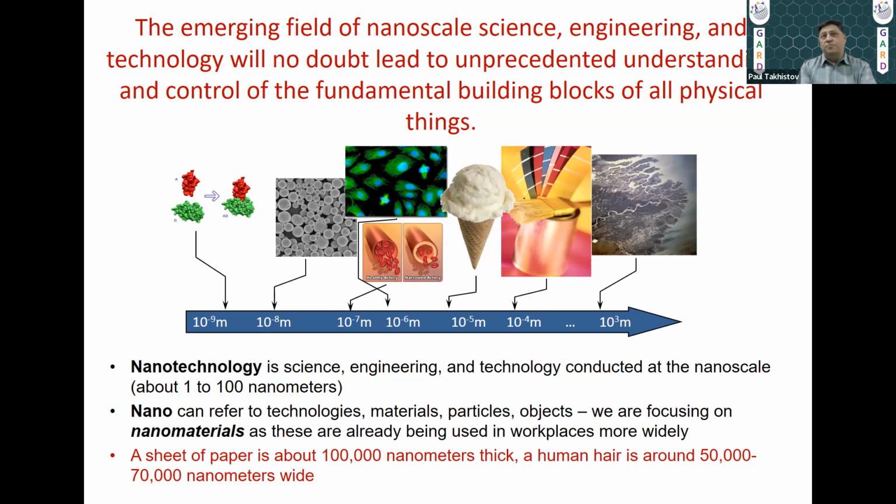all biological components, they range about 10 to the minus 6 meters, so the micron range. The plant cells are about 30, 40 microns. Mammalian cells, 10 to 20 microns. Microbes, about 1 micron.